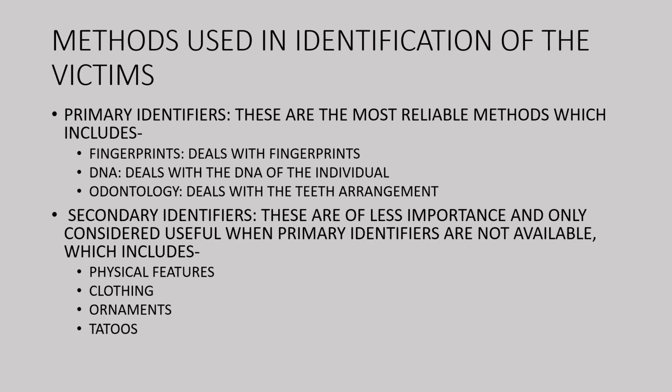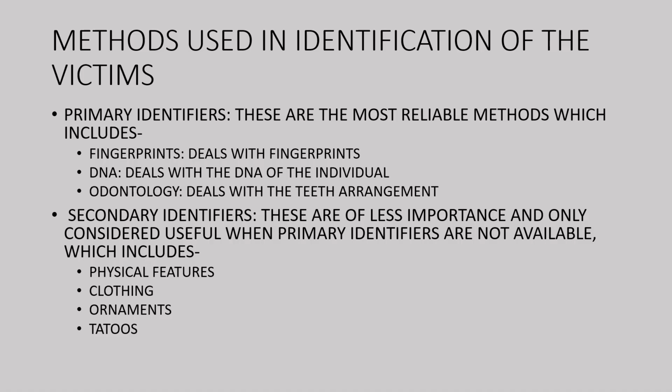By the physical description of a person, we can identify the victims. Also the clothing that the person was wearing at the time of the accident, and the ornaments. Sometimes people have some special ornaments, and tattoos.